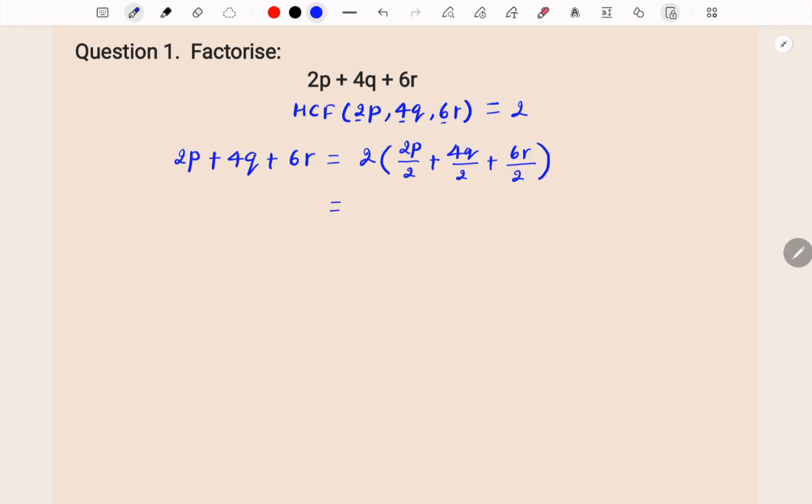Alright? Now let's solve inside the bracket. Here we will have p, here we will have 2q, and this is 3r. So we have factorized the given expression and this would be the final answer.